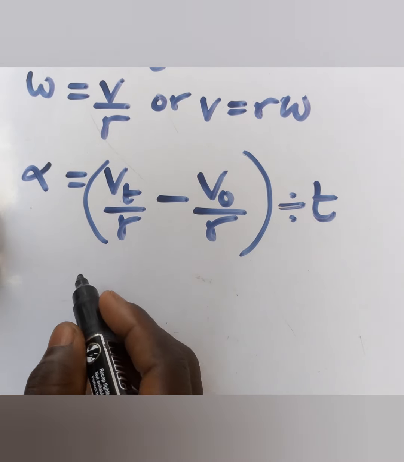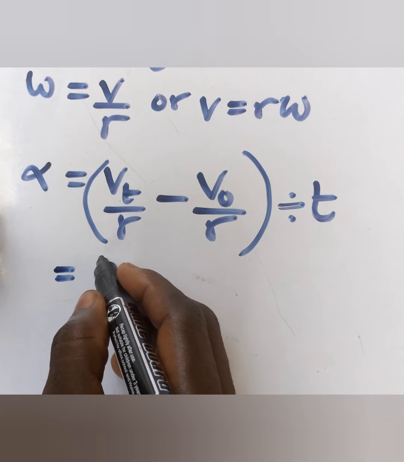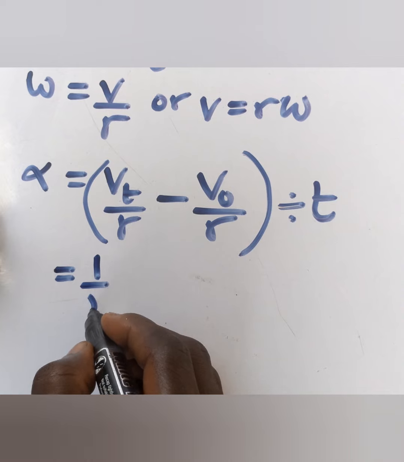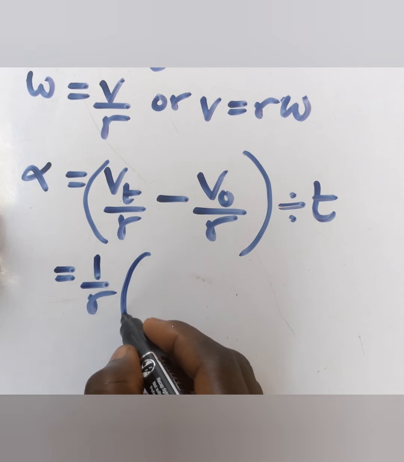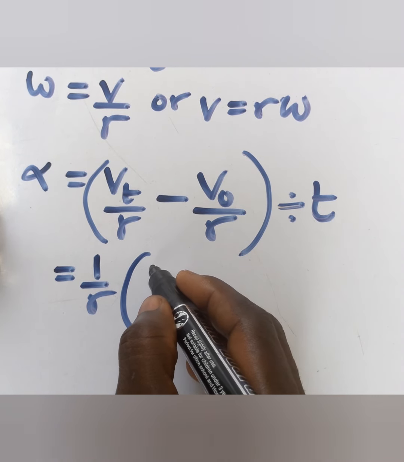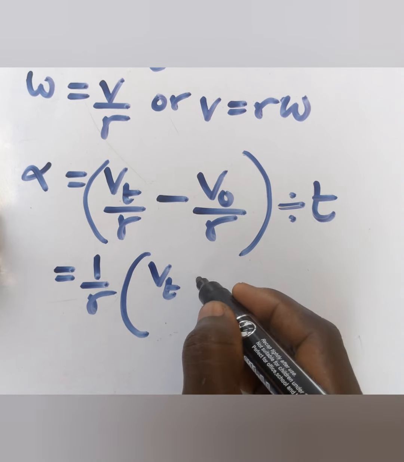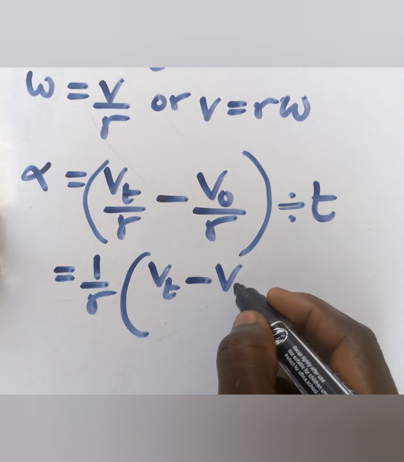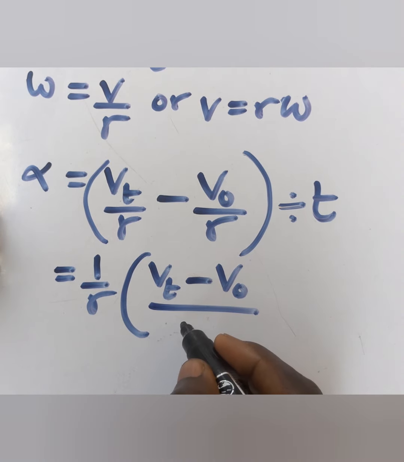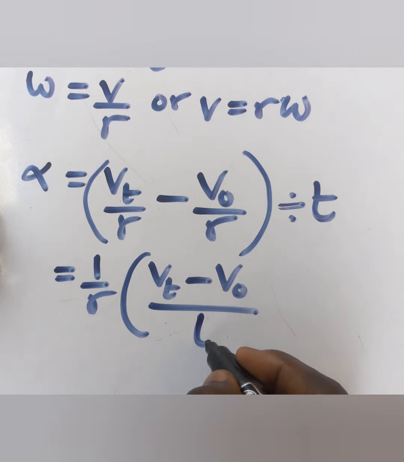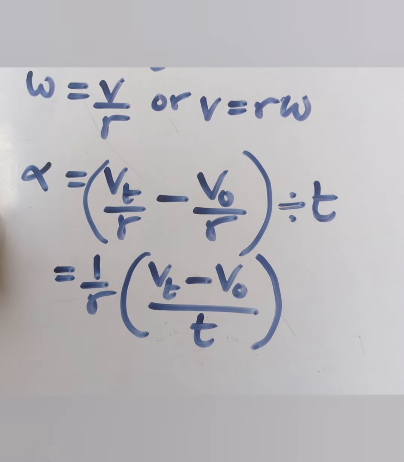If we factorize r, we have 1 over r, open bracket, v minus v naught, divided by t. We have that as the formula for our angular acceleration.